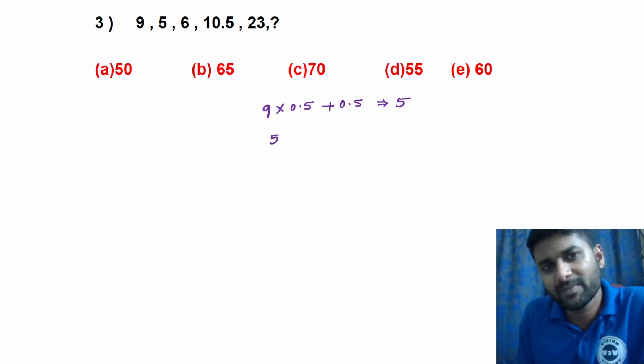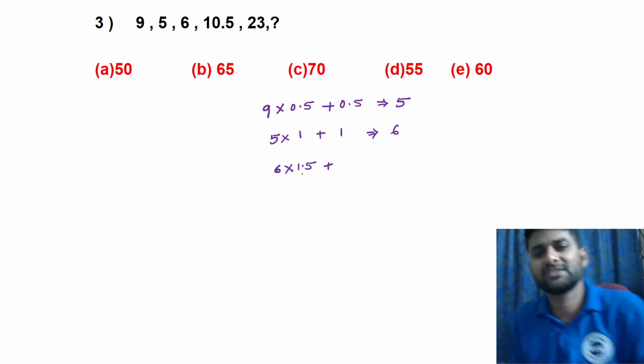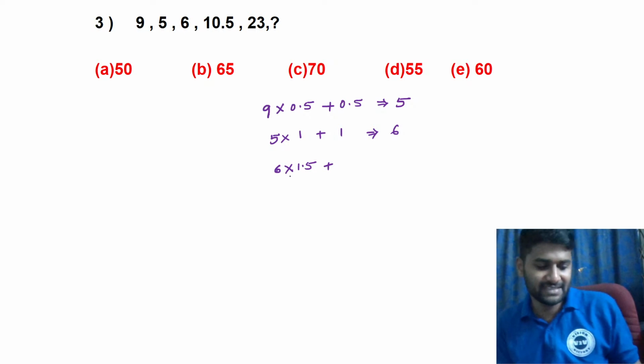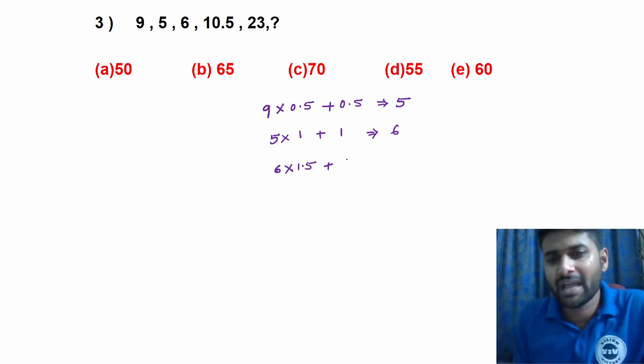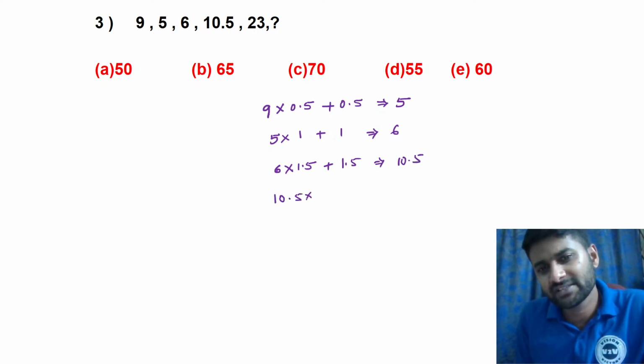The next number: 5 becomes 6 means 5 is multiplied with 1, again plus 1, it becomes 6 units. Now 6 is multiplied with 1.5 units, it is exactly equal to 9. And 9, if you add 1.5, it becomes 10.5. See, you can identify the perfect series: into 2 plus 2 is equal to 23.